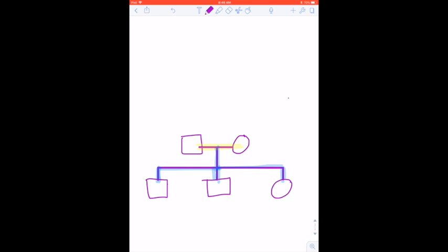So that may be the case with any particular family. I would give them generation numbers, so generation 1, generation 2, and then we number the people in each generation from left to right. So this is person 1 and person 2. And the next generation, this would be person 1, 2, and 3.